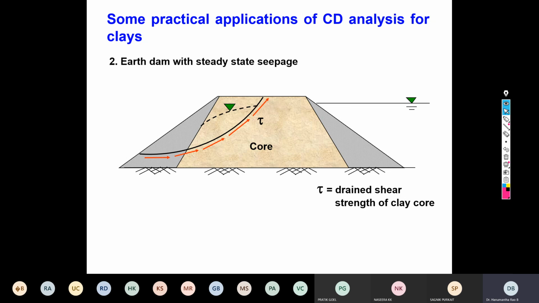When you construct a building or a road, you will construct only on, say, a quarter of that acre, not on the whole acre. So the remaining three quarters of the acre is vacant. If we impose any load on this quarter acre, the water gets dissipated into the surrounding area.